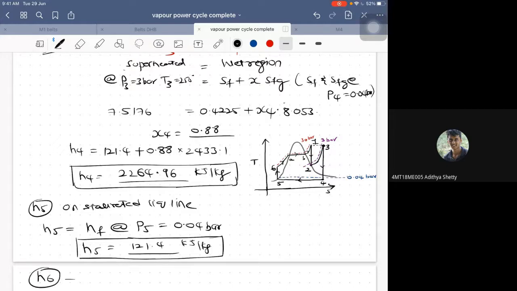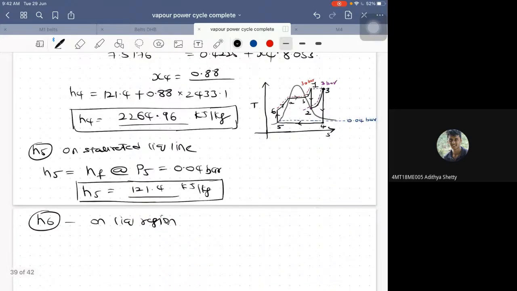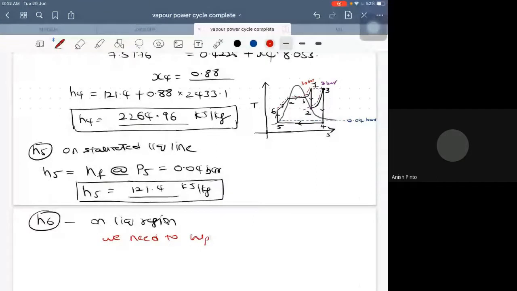Now, the last thing, which is H6. H6 is in the liquid region. If it is in the liquid region, what is the trick that I have given you to calculate its value? WP. Yes, we need to calculate pump work. How do you do that?